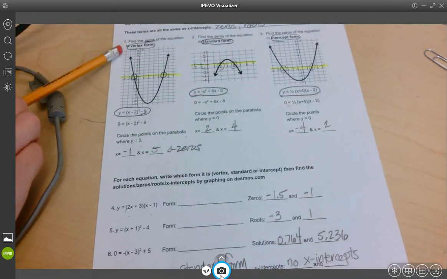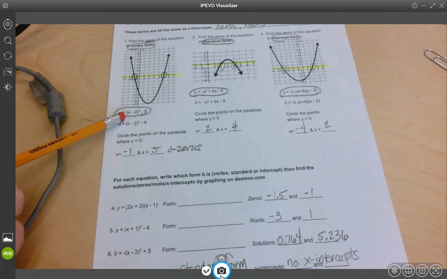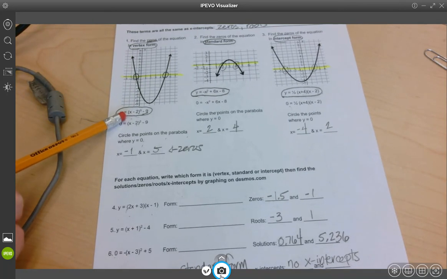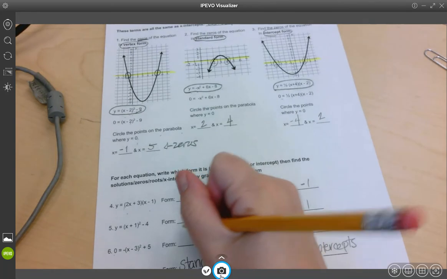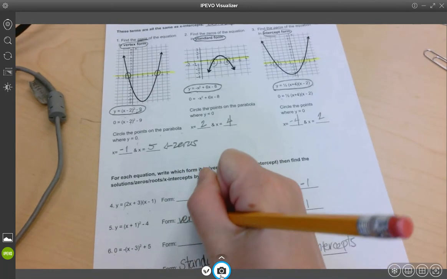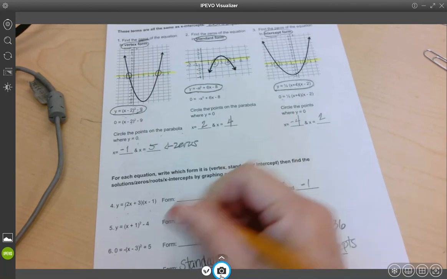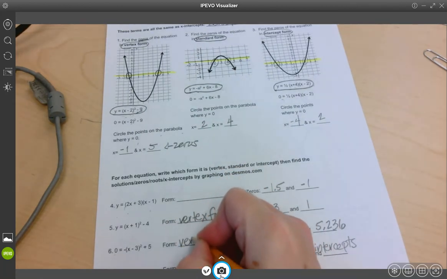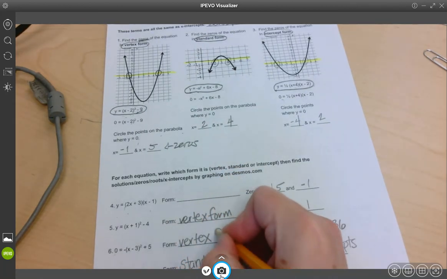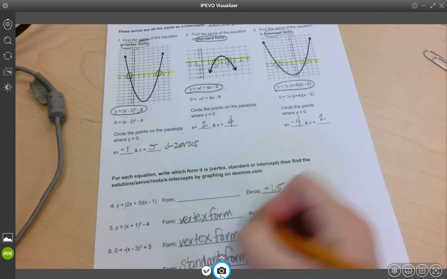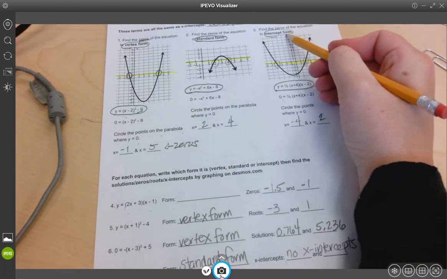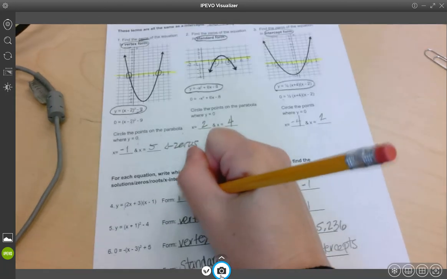Which one is vertex form? It has one set of parentheses that is squared. Which one? 6 and 5. I agree. 6 and 5 are both vertex form. And that means number 4 is what form? Intercept form.